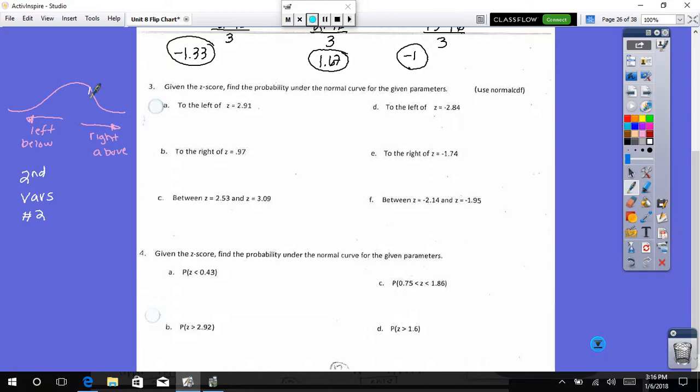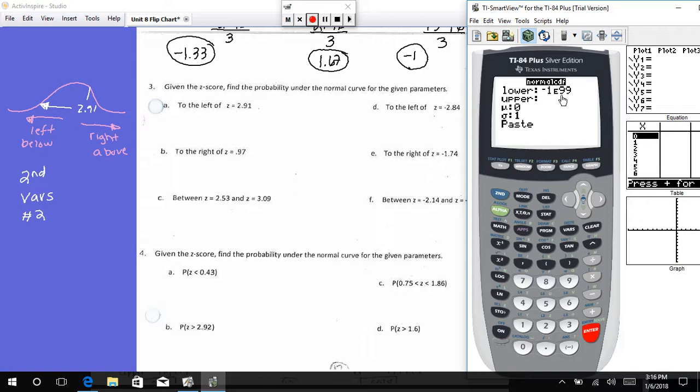Let's say 2.91, I really have no idea, falls right here. I'm looking for everything below that, everything to the left of 2.91, which means I have no idea what my lower value is.